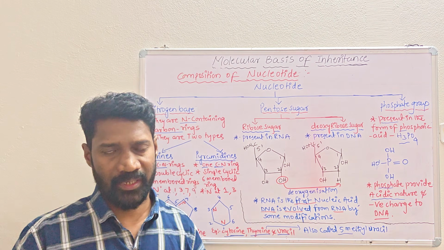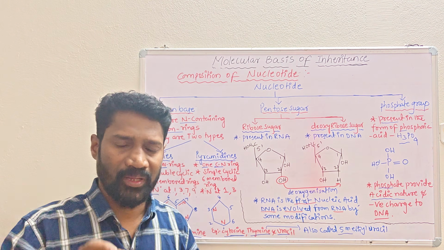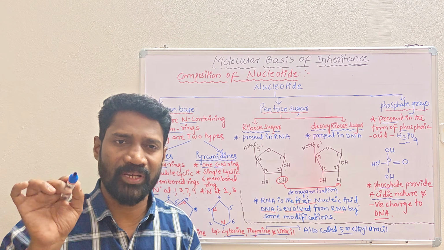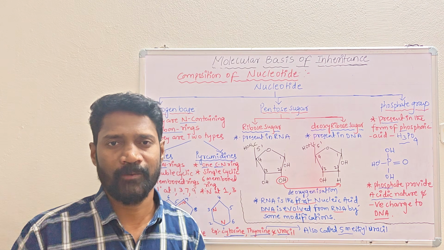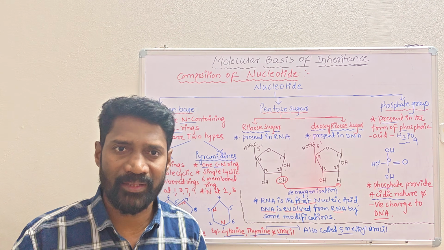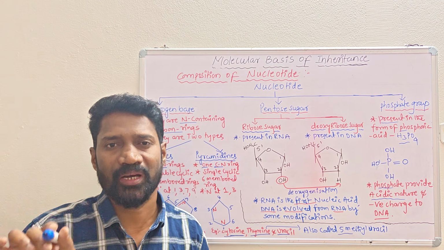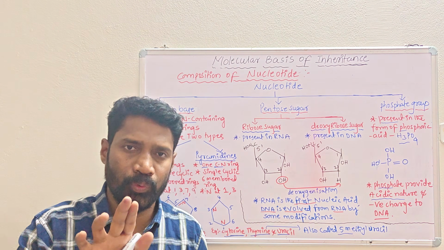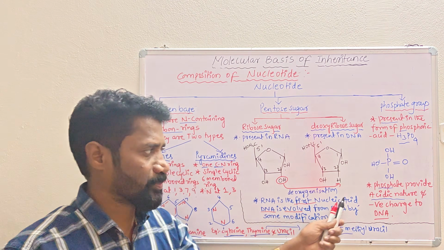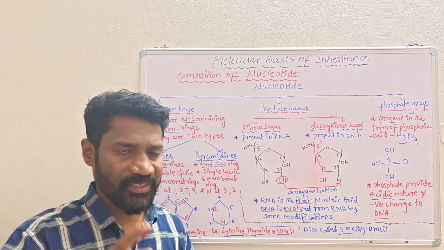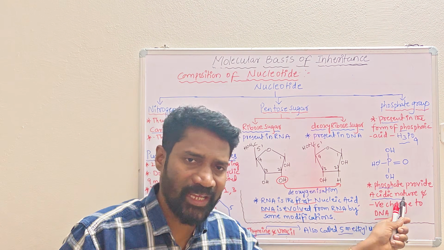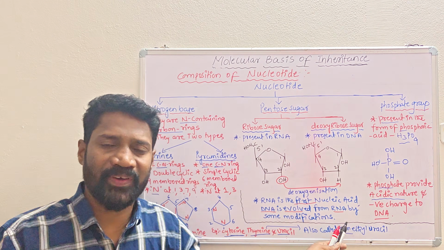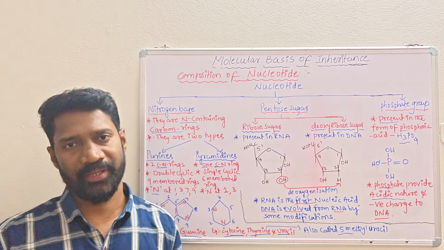Always remember, DNA is a negatively charged macromolecule. What is the reason behind that? The presence of negatively charged phosphate. Phosphate has two roles here: providing acidic nature to DNA as well as negative charge to DNA.